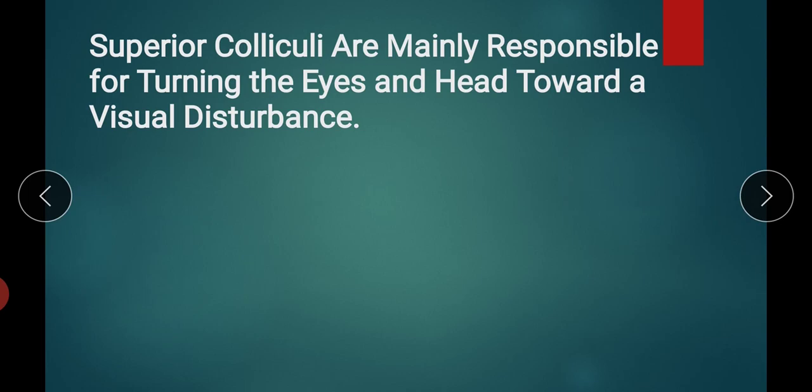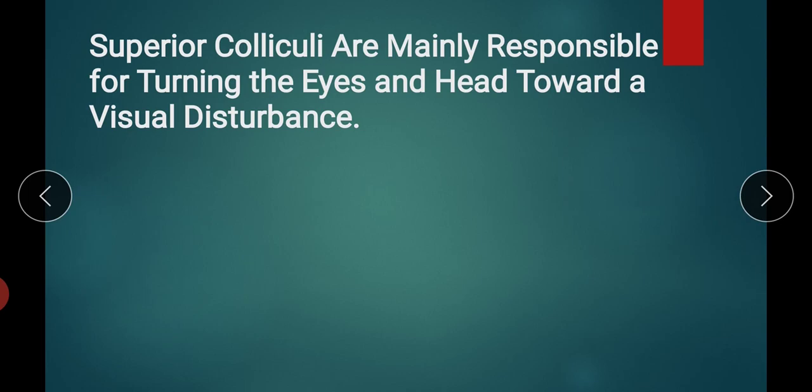Because of this topographical representation and the functions of the superior colliculus, sometimes when only the primary visual cortex is damaged, the person is blind because he is not able to interpret the signal in the primary visual cortex, but that person can move their head whenever any visual disturbance is there in the lateral visual field. So that person can move his head towards the visual disturbance, even though we consider that person blind because of damage to the primary visual cortex.